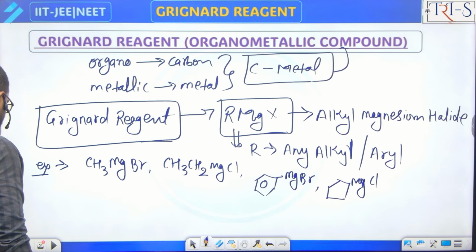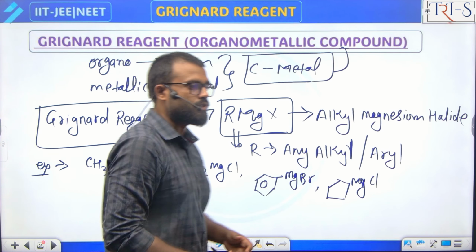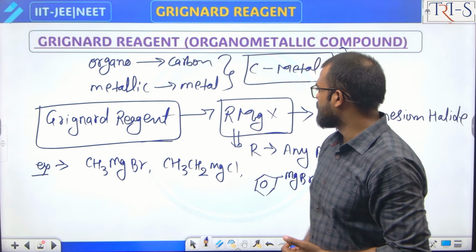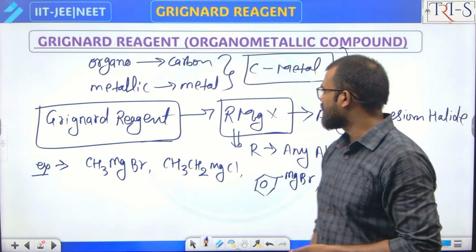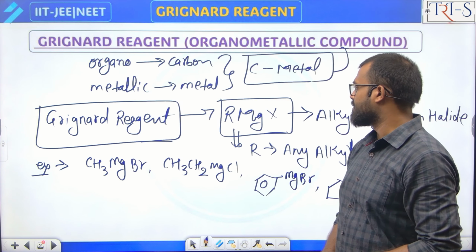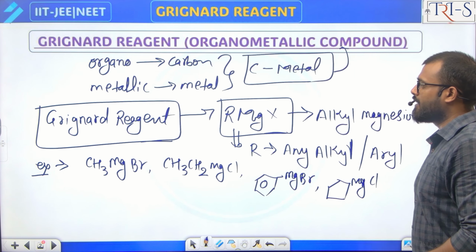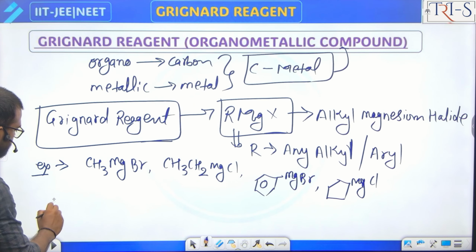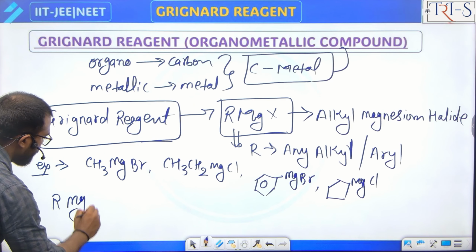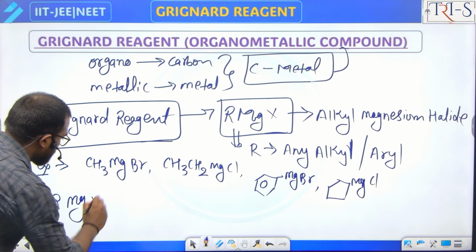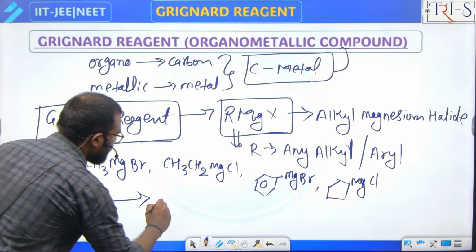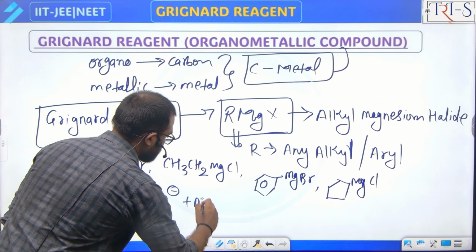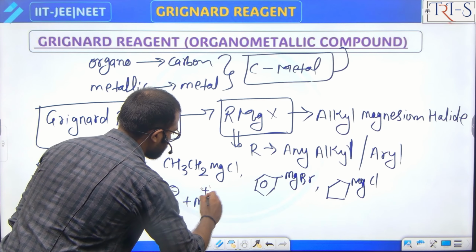Student, we will see what Grignard reagent gives us. RMgX provides R minus and MgX plus.